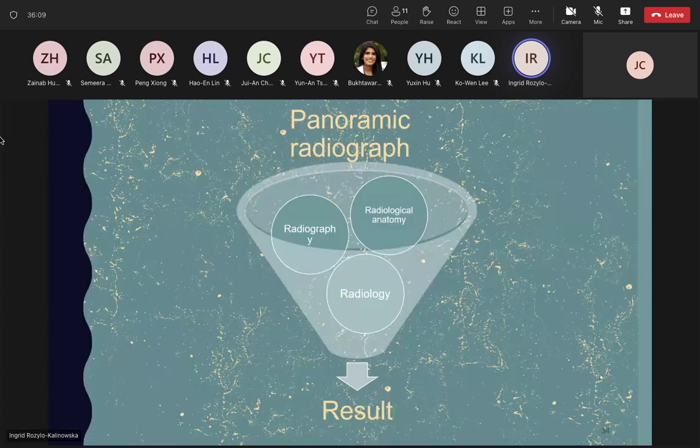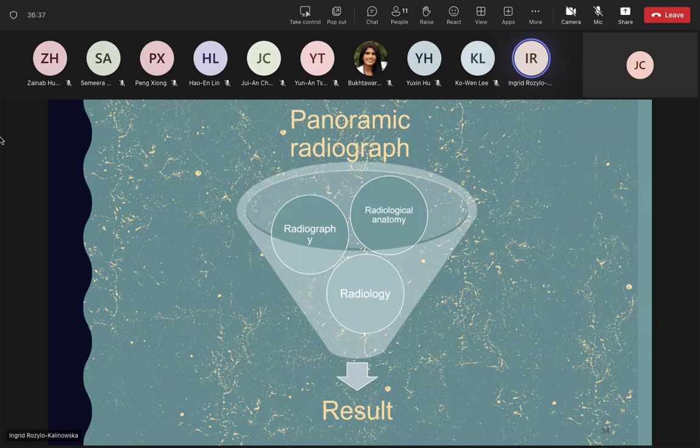And I would like to go on with panoramic radiography. So, of course, this is a very broad topic. So, this year we learn about radiography, so how to take x-rays. In the first year you learned about radiological anatomy, so a little bit ahead of radiography, what you can see in the radiographs.